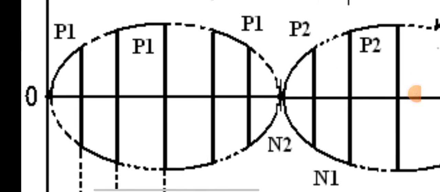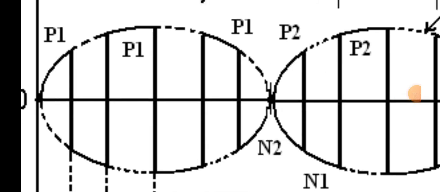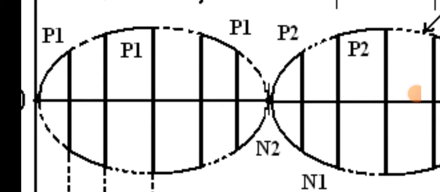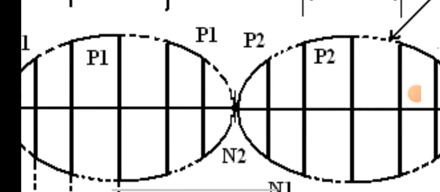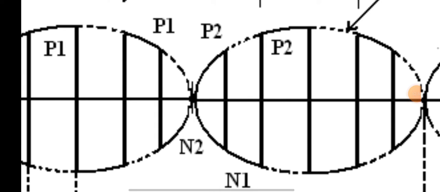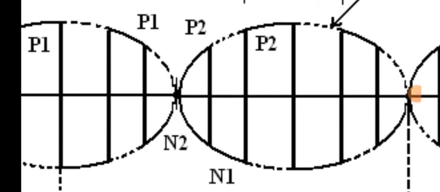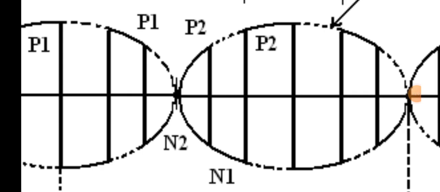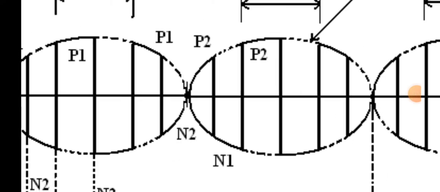In the next envelope, when omega t is equal to pi, at that time P2 and N1 will be conducted. P2 will be conducted, and at some time with forced commutation it falls to 0, and next N1 will be conducted.